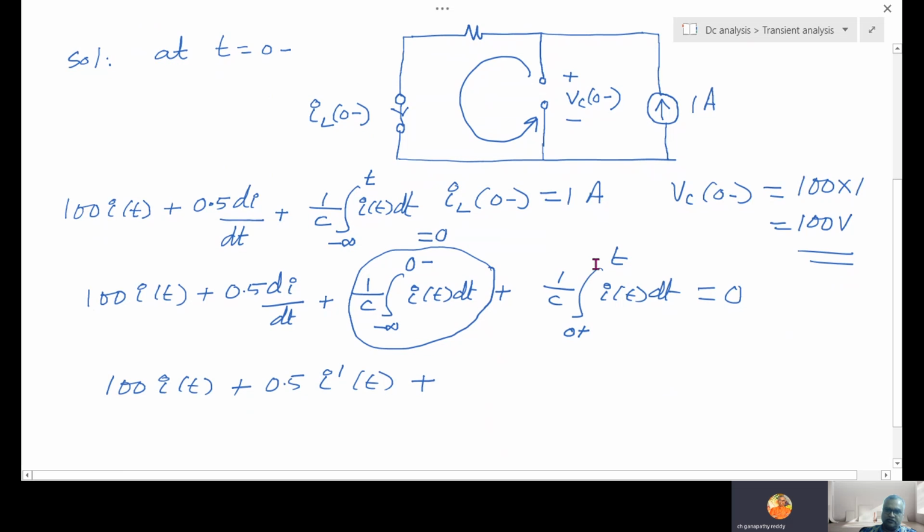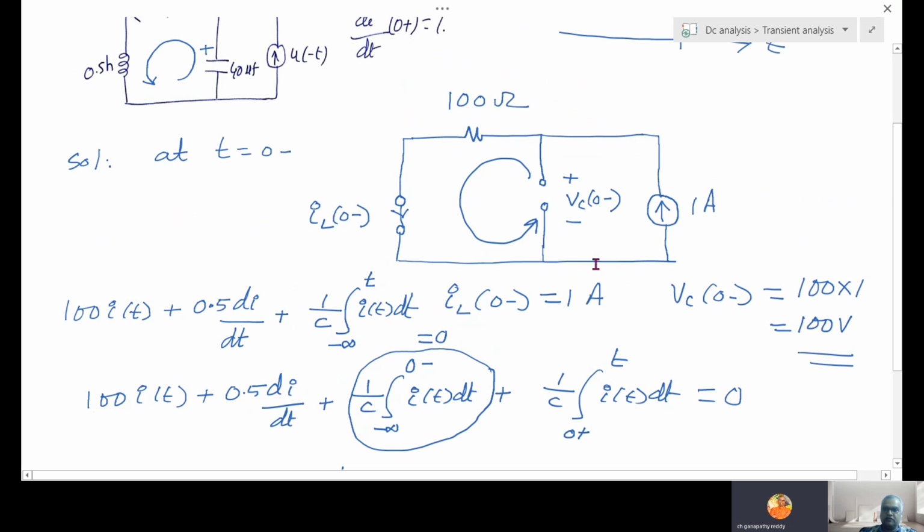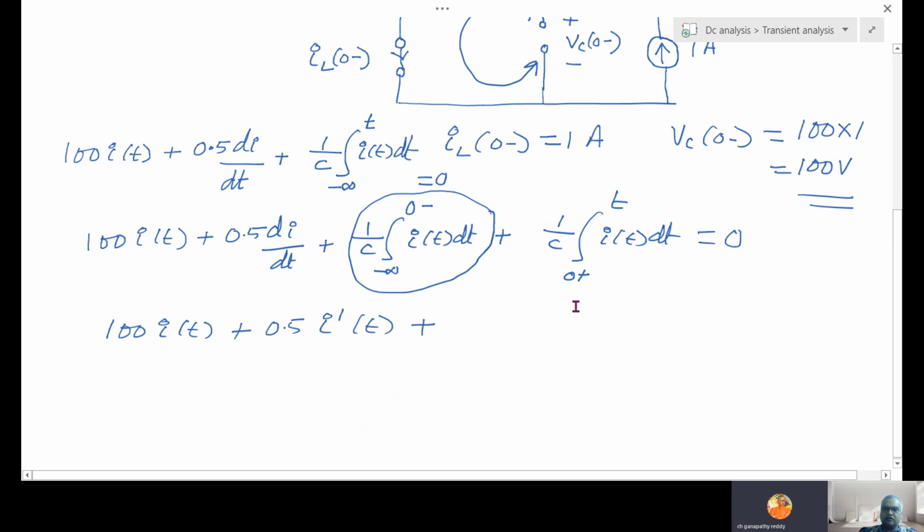Therefore, you have to write it as minus 100. So this value is 100, but going from negative to positive, minus 100 plus 1 by c.